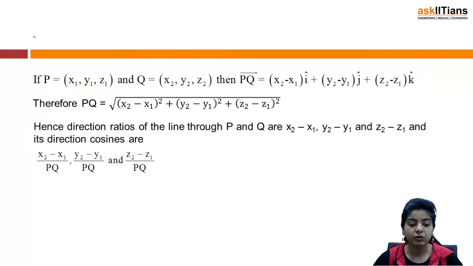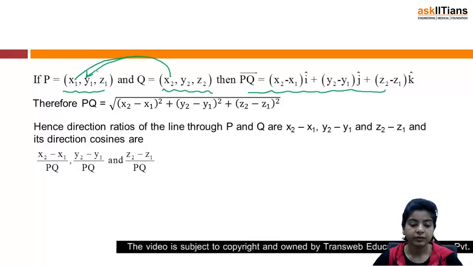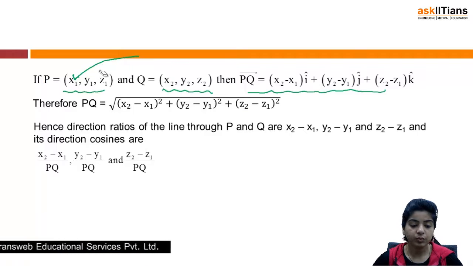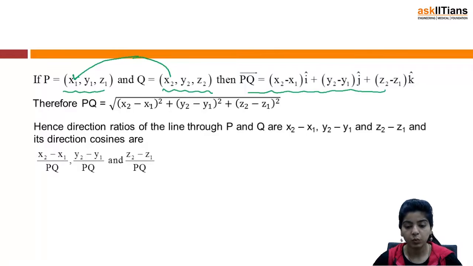If P has coordinates (x1, y1, z1) and Q has coordinates (x2, y2, z2), then PQ becomes (x2 minus x1), this coordinate minus this coordinate, then y2 minus y1, and similarly z2 minus z1, into i cap, j cap, k cap. Therefore |PQ| will become under root of (x2 minus x1) square plus (y2 minus y1) square plus (z2 minus z1) square.